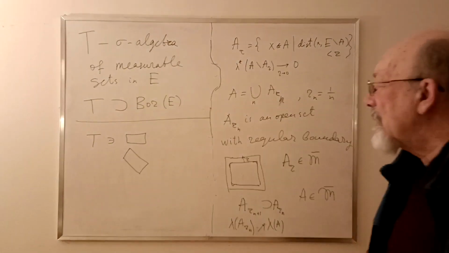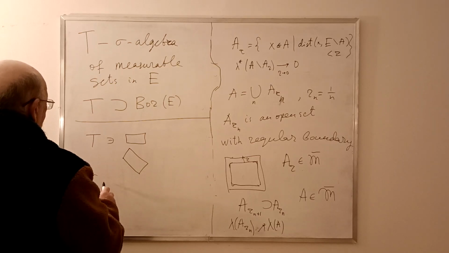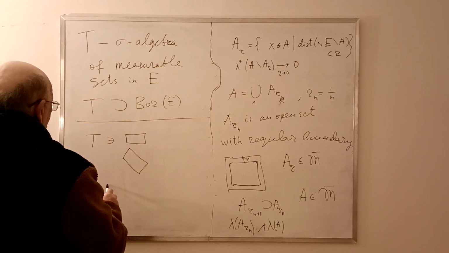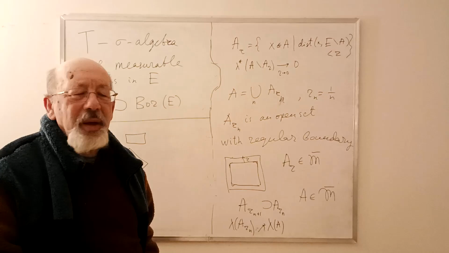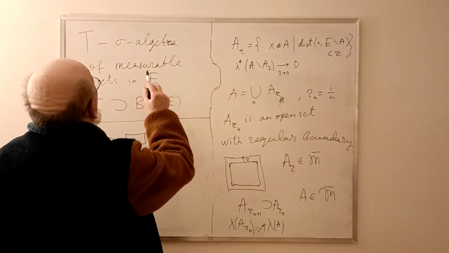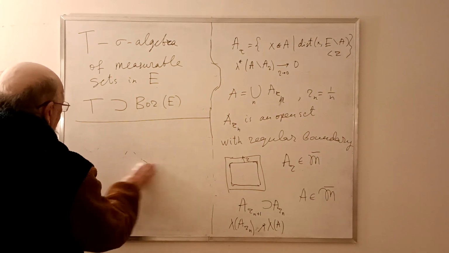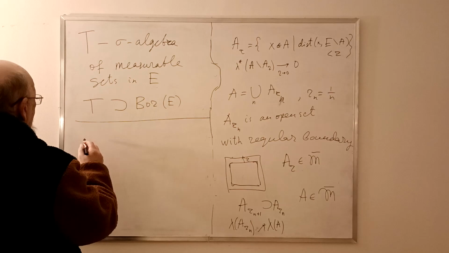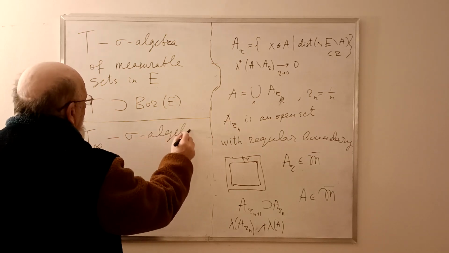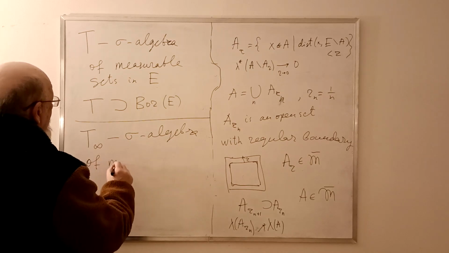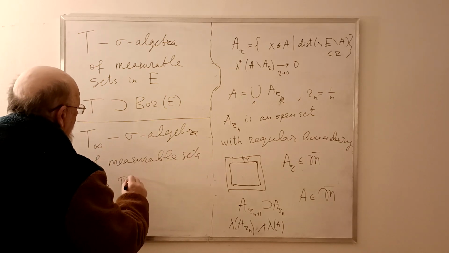So T is a sigma algebra of sets in the square in E, and let us denote by T infinity the sigma algebra of measurable sets in the plane R2.